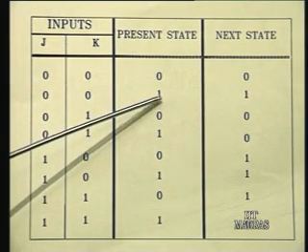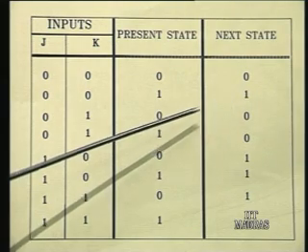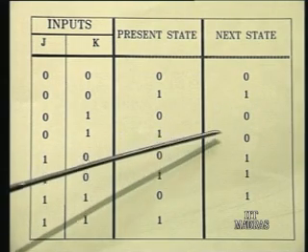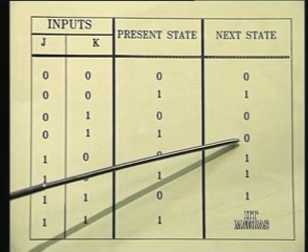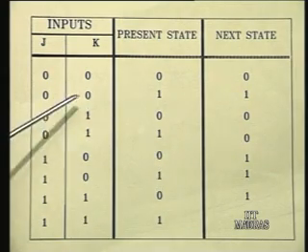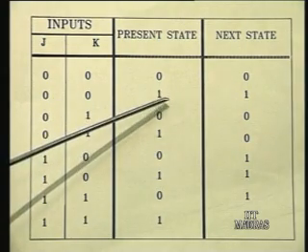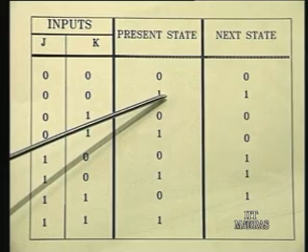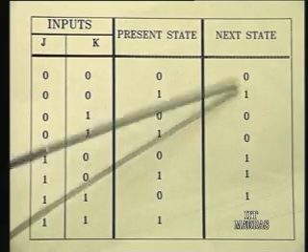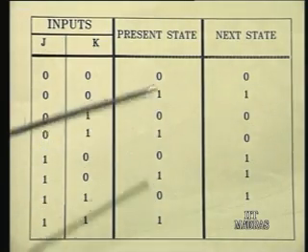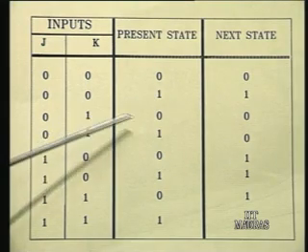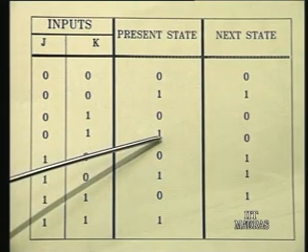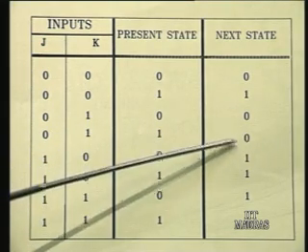The present state is 1, the next state is 1. In this, present state is 1, next state is 0. In other words, we say there is a transition from present state 1 to next state, which is also 1, which means the state continues really, right?